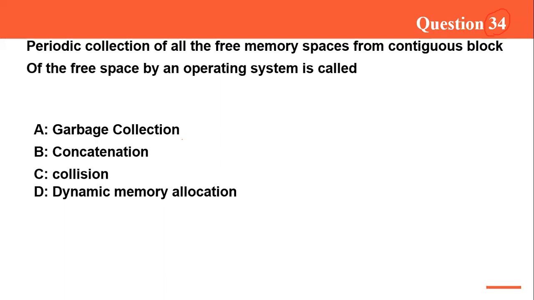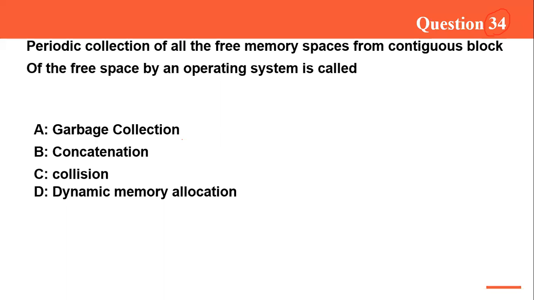Unused memory will be collected by the garbage collector. We have this garbage collector in Java. In Java, all the deallocated or unused variables, that memory will be collected by the garbage collector. That is garbage collection. But in dynamic memory allocation, the compiler or the system will not deallocate the memory.